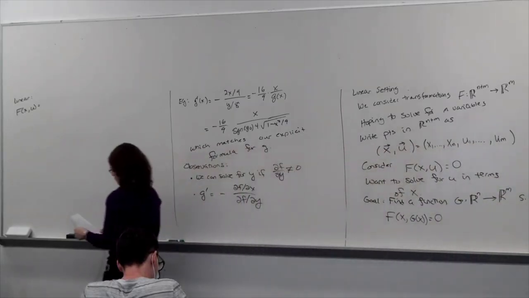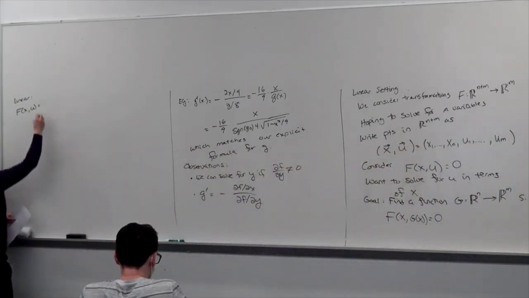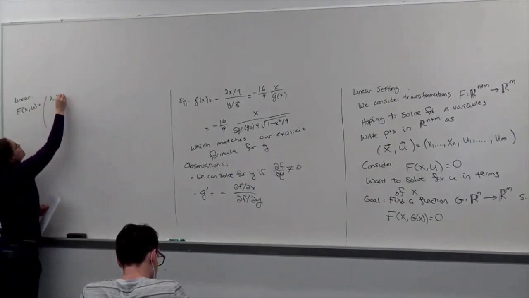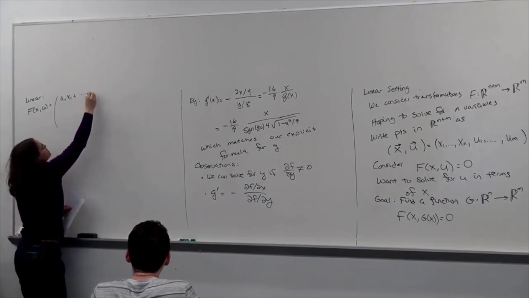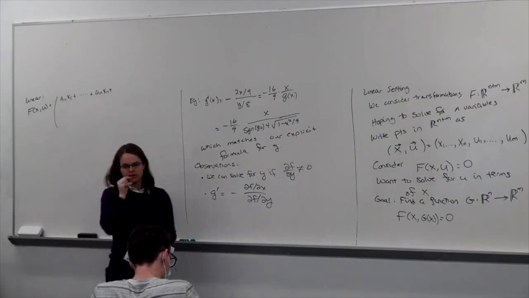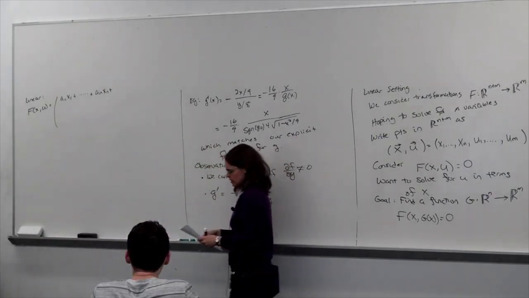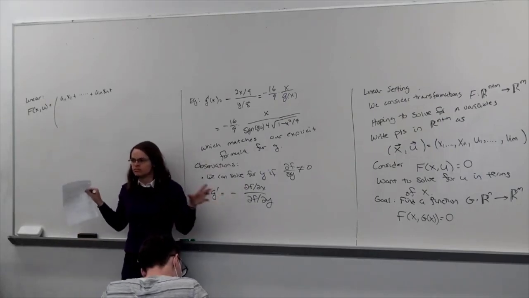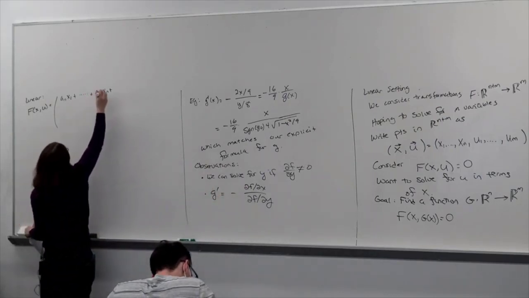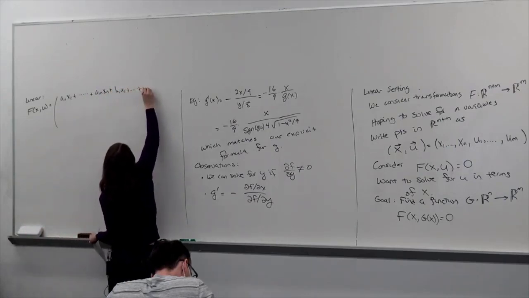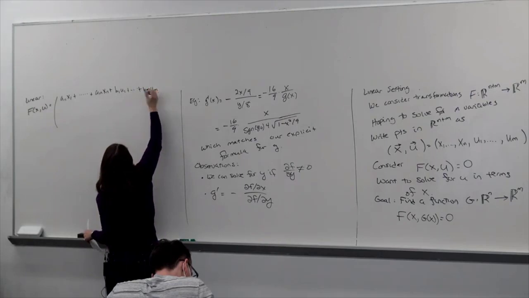So in general, what is this going to look like? a11 x1 all the way down to a1n xn, plus, and then we also have linear dependence on all these u variables. I'll give those coefficients a different name because we're trying to keep these dependencies separate. So b11 u1 plus up to b1m um.